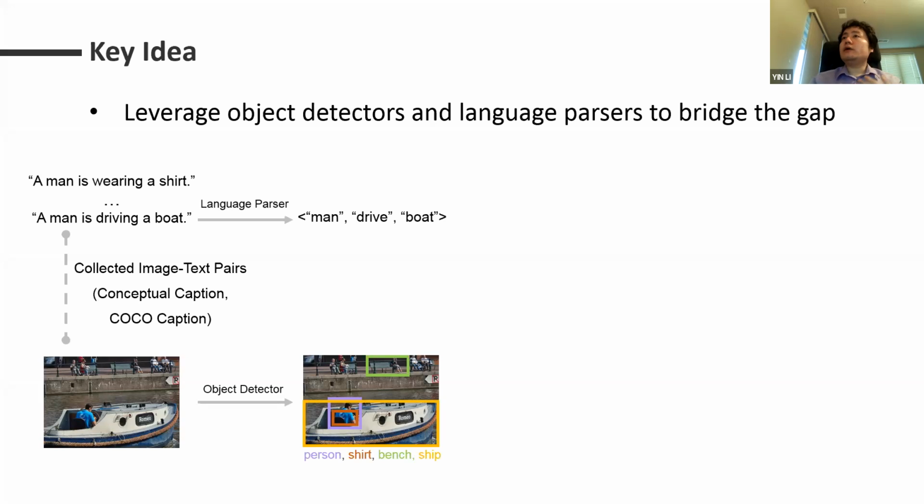We're going to run a language parser to parse the triplets from these sentence descriptions. Everything here is off the shelf. For the object detector, again, we use the Open Images detector that is able to detect over 600 object categories. The language parser is from Stanford and allows us to parse multiple triplets from a sentence description.